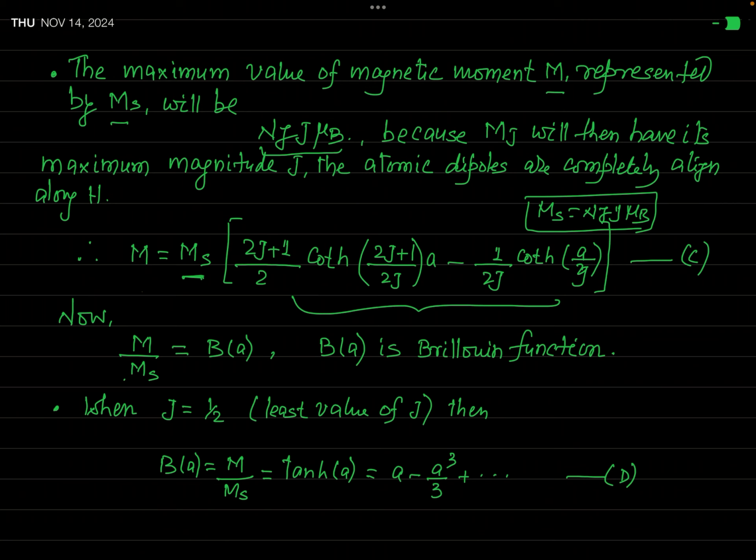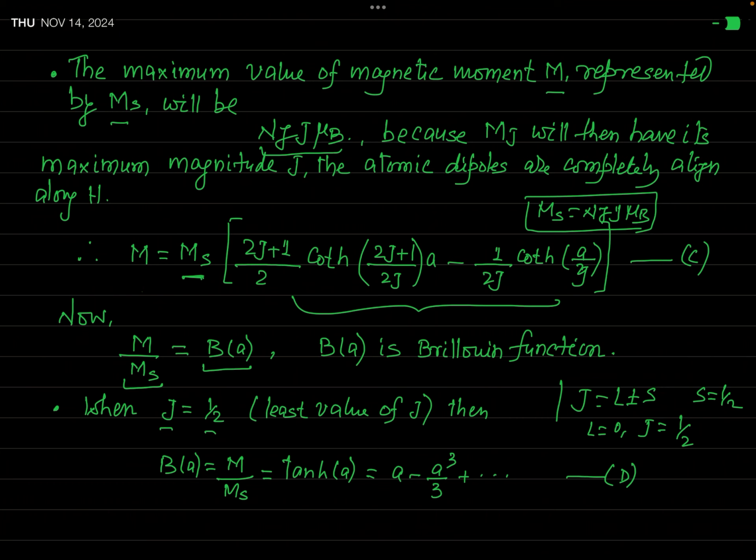Now the ratio of M and Ms is denoted by the symbol B of A, where B of A is known as the Brillouin function. Now you know the least value of quantum number J is half. J is the total quantum number, and this is L plus minus S. When you take the least value of L, that is L equal to 0, then J is equal to only half, because S is always equal to half.